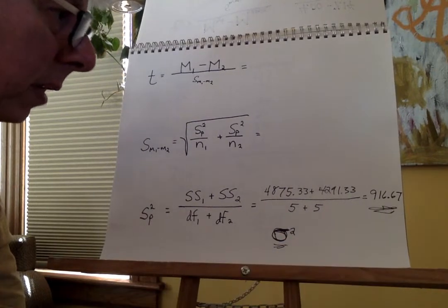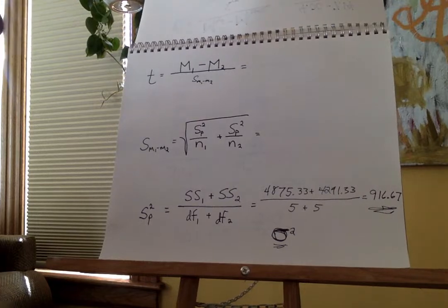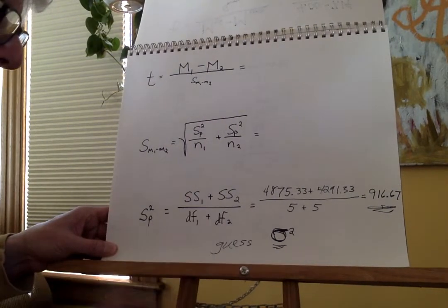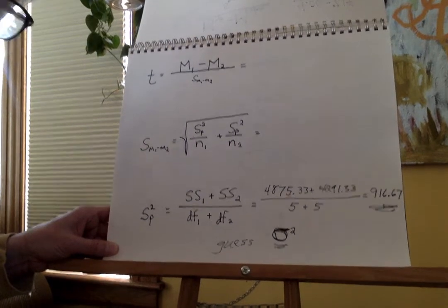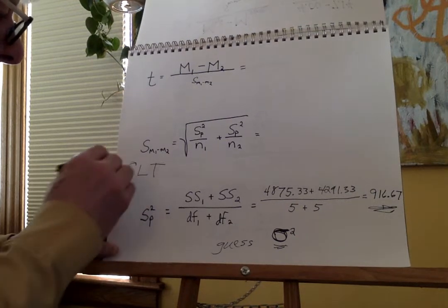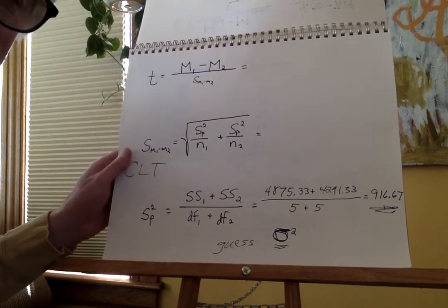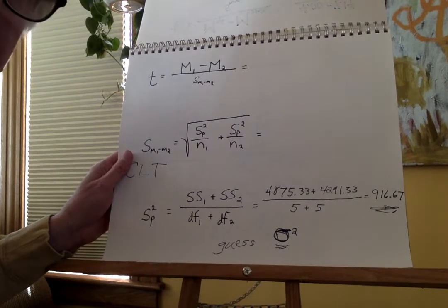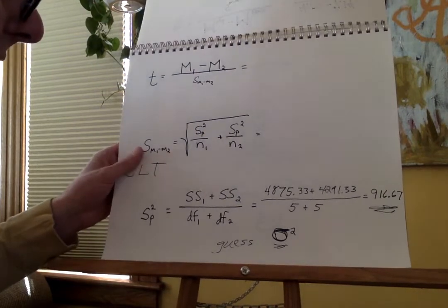So here's the number here. So this is our guess for sigma, okay? And then this step here is our central limit theorem step, right? This is the step that we used when we're going from talking about individual scores to groups of scores to sample means. So that's what we're doing here.